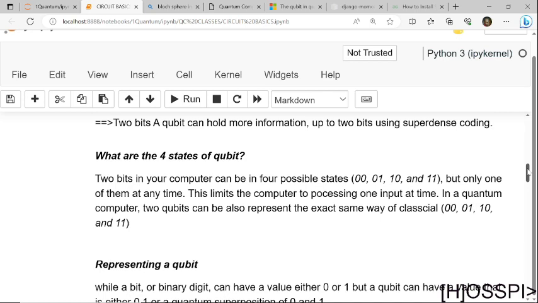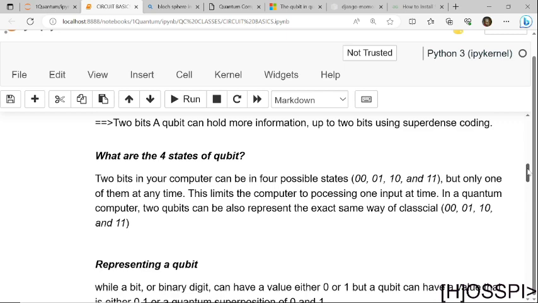So what are the possible states of a qubit? If you look at it from the perspective of classical computers, the normal computers we are all using, 2 bits can be in 4 possible states: 00, 01, 10, and 11.